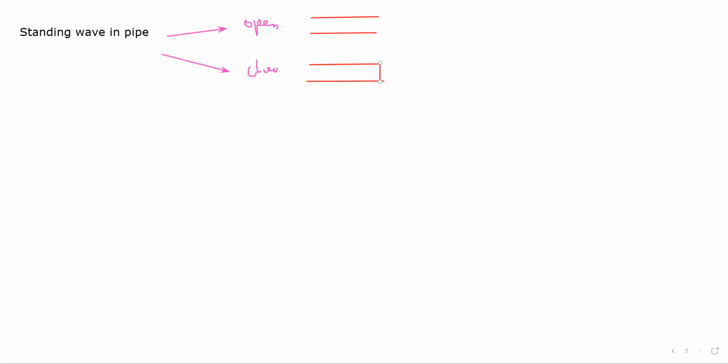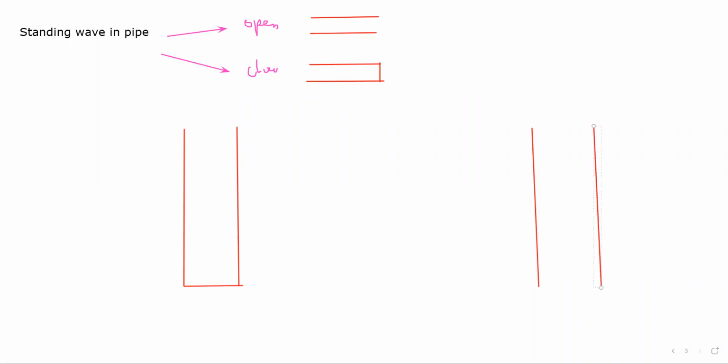For example, if you have a closed pipe and an open pipe, always at a closed end, it will form a node, and always at the open end, it will form an antinode. So here it will form an antinode, and there should be a node between.